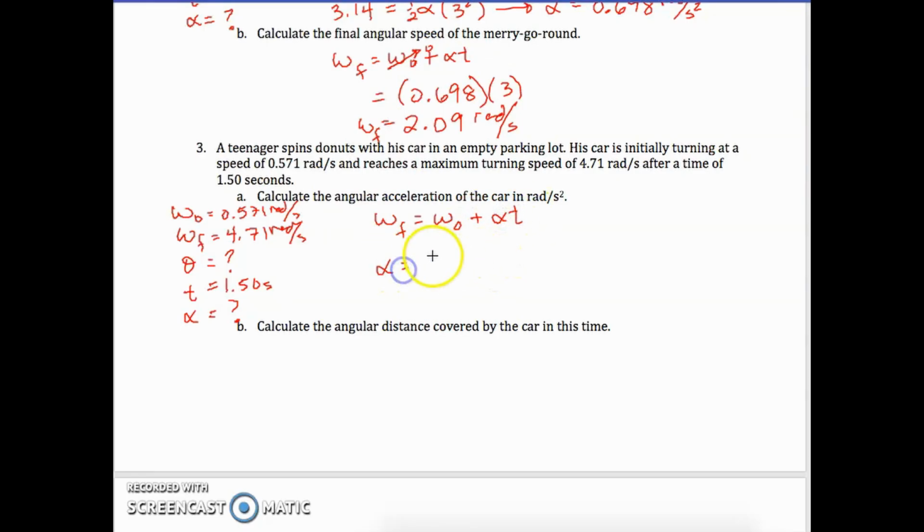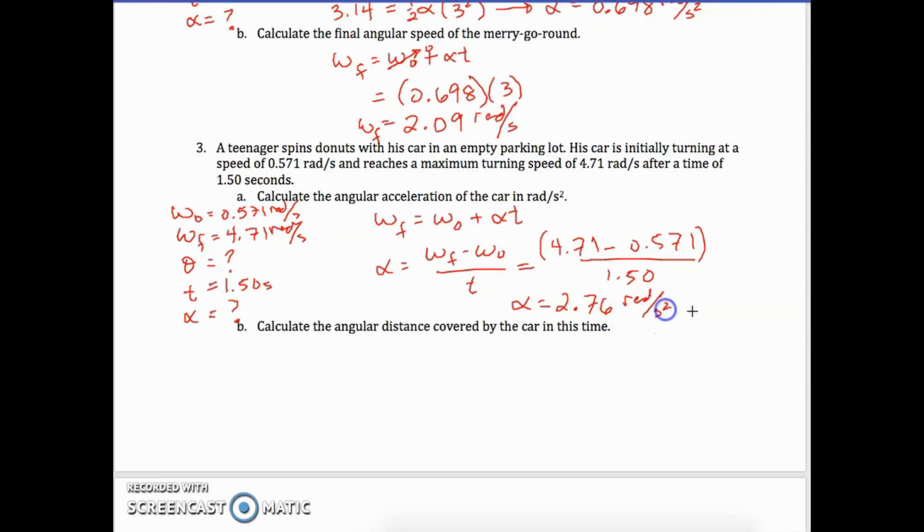And we can rearrange to solve for angular acceleration before we plug in numbers, or you could plug in numbers first since you're given numbers in this problem. Make sure you subtract before you divide. And we get 2.76 radians per second squared.